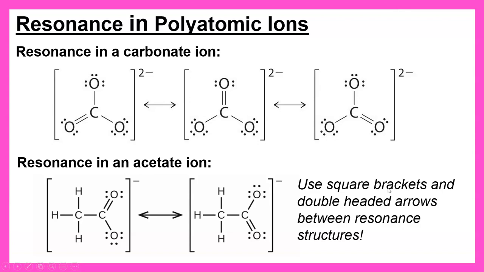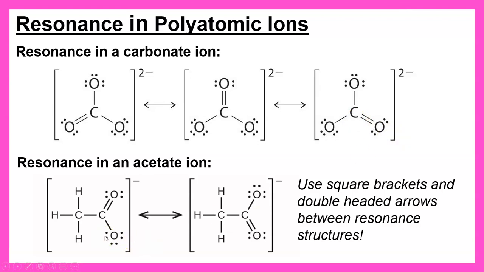You can have a bunch of resonance structures. You could have resonance of ions. Here we have the carbonate ion. One resonance structure has a double bond here on the left. One has a double bond going up and down. One has a double bond here on the right.